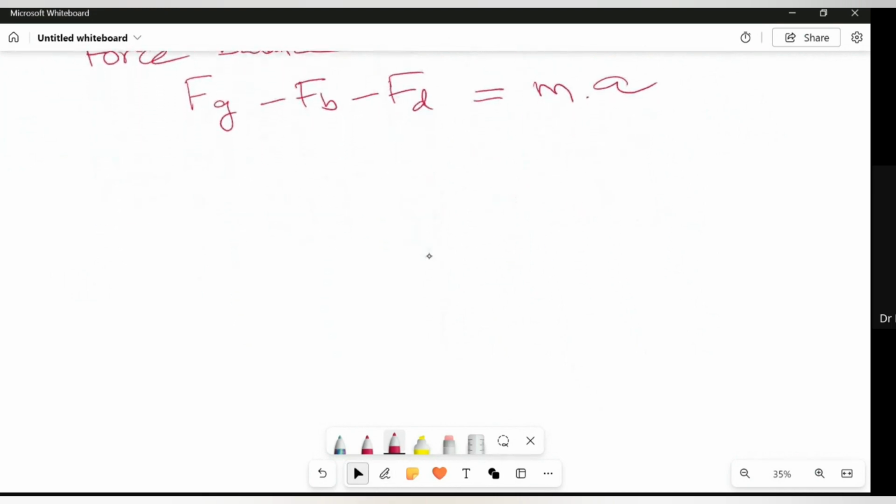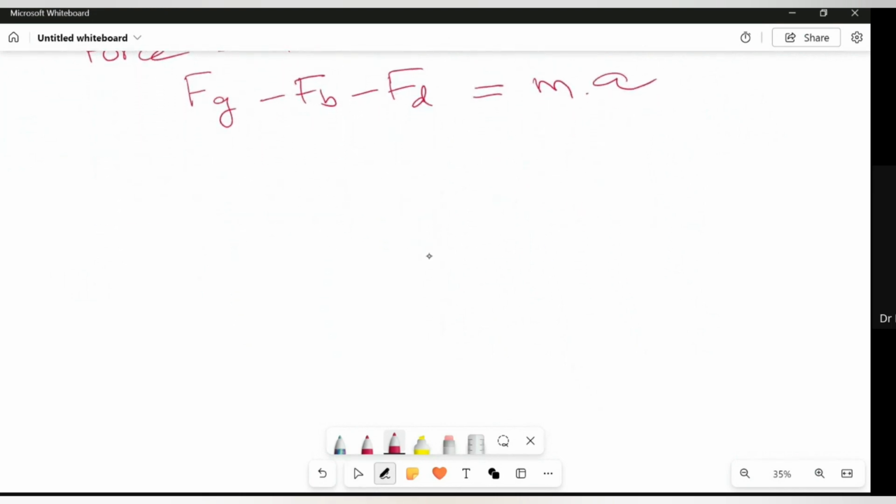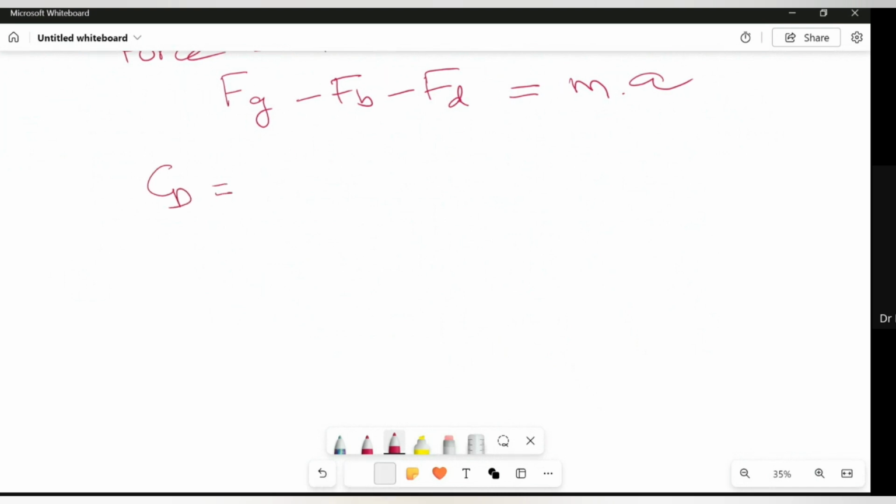This is the force balance that we are making. And by definition, as we have seen in our lecture class, CD is defined as the ratio of drag force by projected area to the product of density into velocity head.